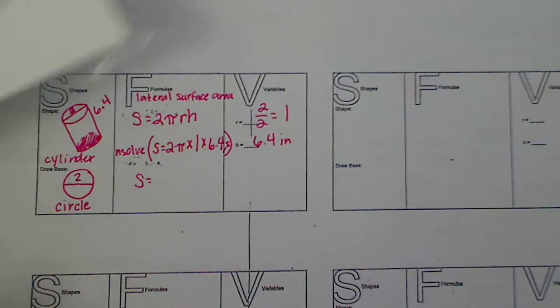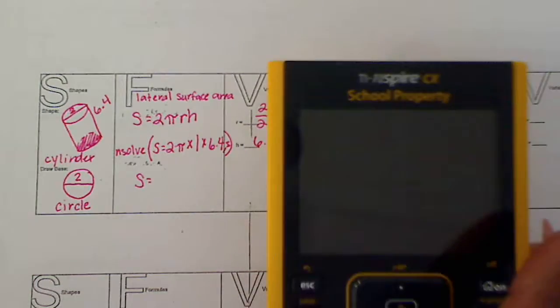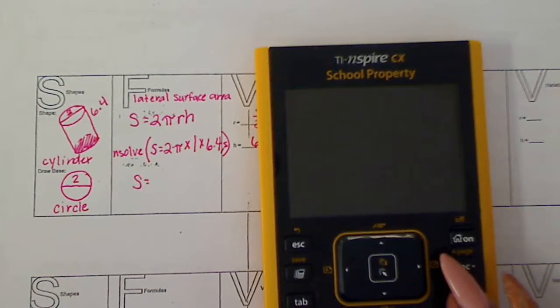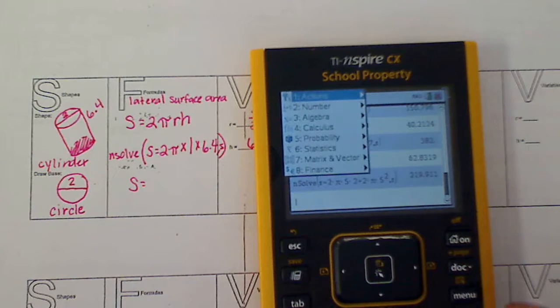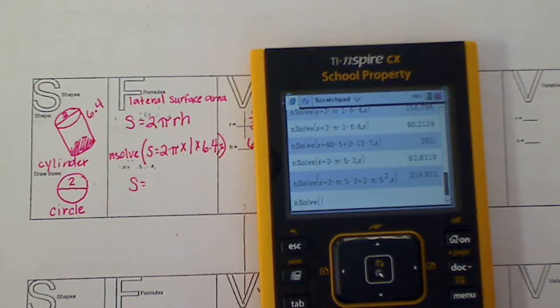So put this in the calculator and tell me what you get. About 40.2124.